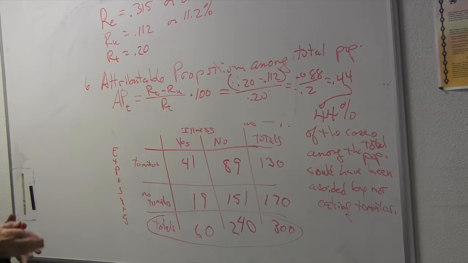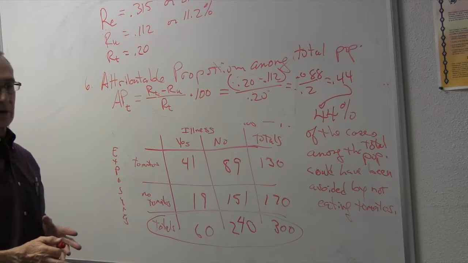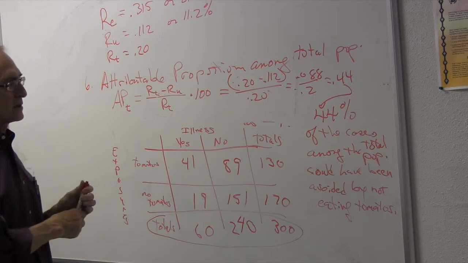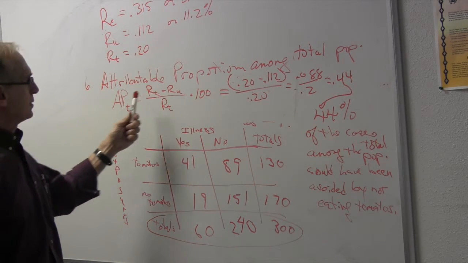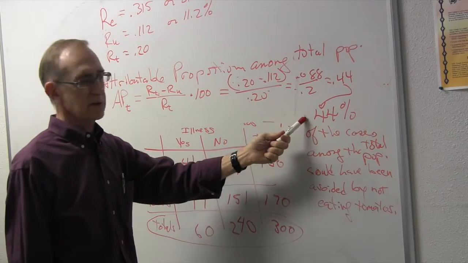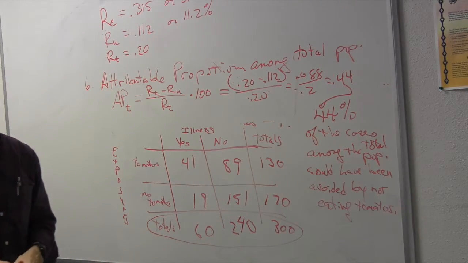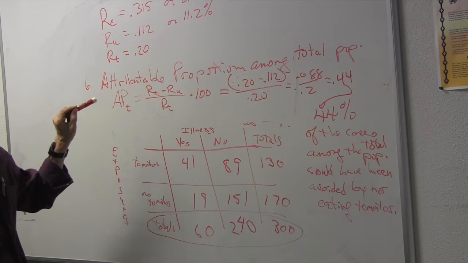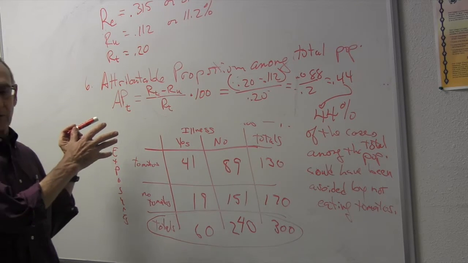Okay, so just like the population risk difference is a smaller number of cases per 100 than when you just look at the exposed, the attributable proportion among the total population is going to be a smaller percent than the attributable proportion in the exposed group, because the exposed group were all exposed.